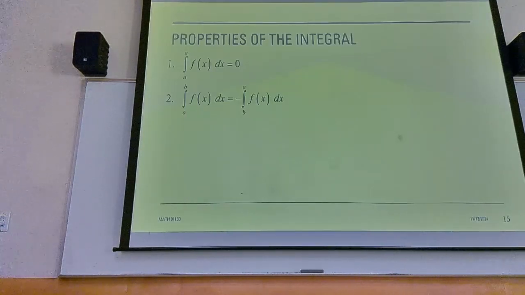Which means there is no rule that says your lower limit of integration has to be the smaller value. That is also an important concept, especially when you move on to applications of integration, specifically in physics.